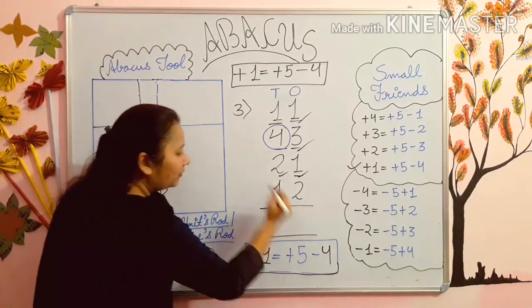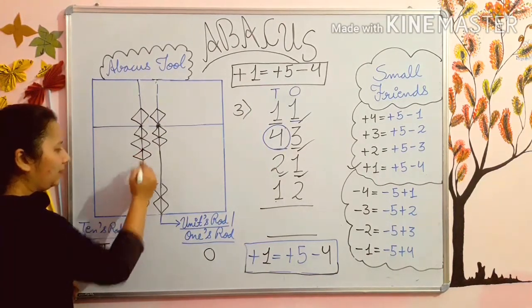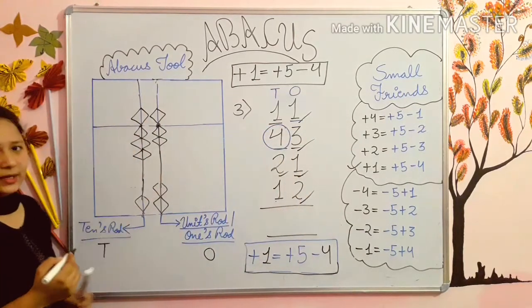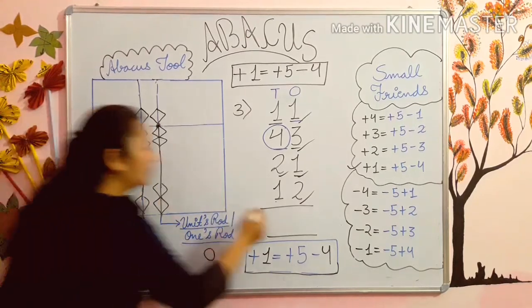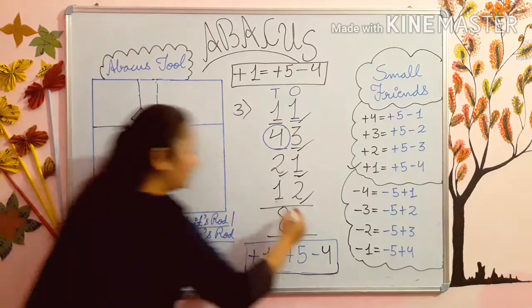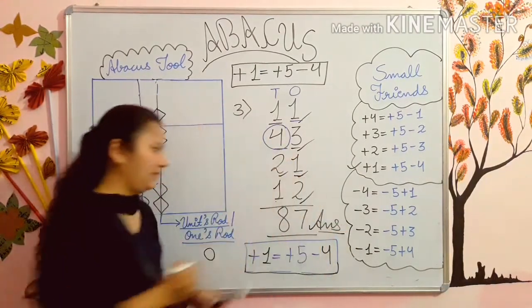And then you have to add 1 in tens rod. 1 means put the 1 bead up. And this is completed. Now what is your answer, kids? Count. 5, 6, 7, 8 in tens rod and 5, 6, 7 in ones rod. And this is your answer.